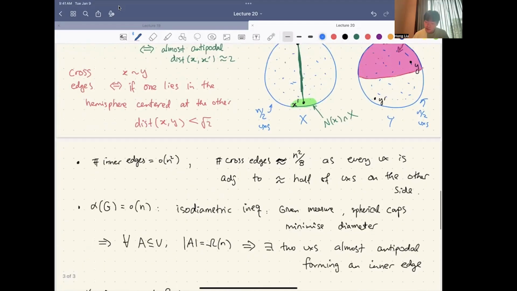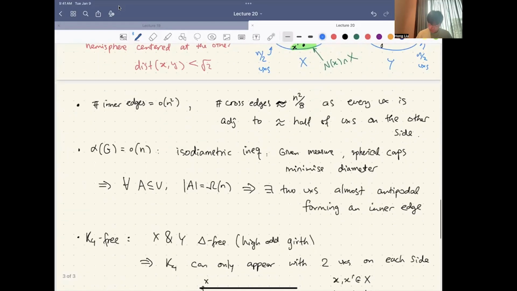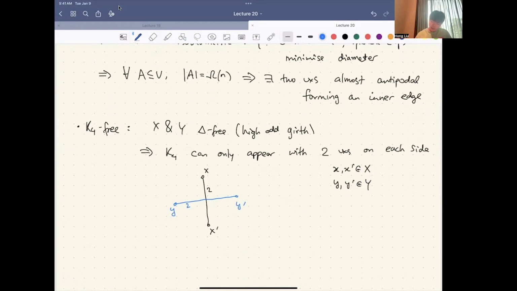Think of them as completely antipodal. Then we cannot have all 4 sides strictly less than root 2.